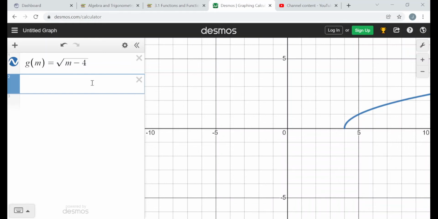But yeah, and let's look. We said g of 5 was 1, so input 5, output 1. And you see that point 5 comma 1 there on the graph? It's perfect. And that should indicate no matter what I plug in for m, as long as it's 4 or greater, because we're not taking square roots of negatives.